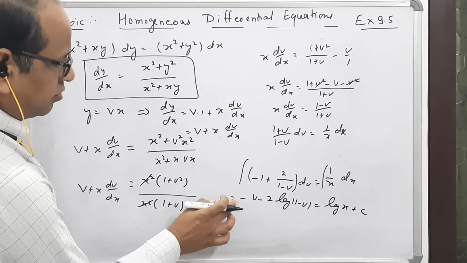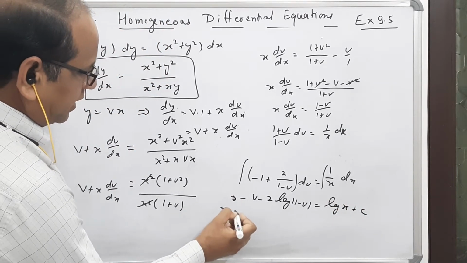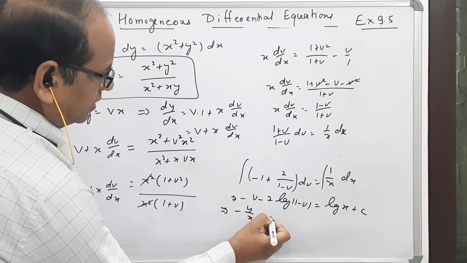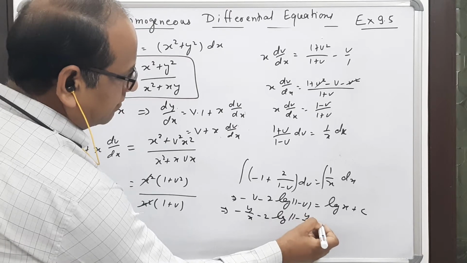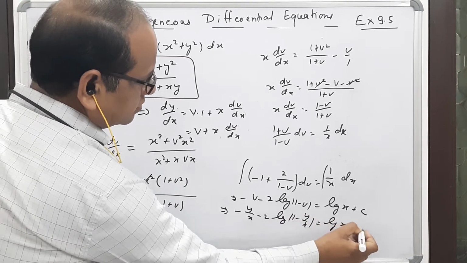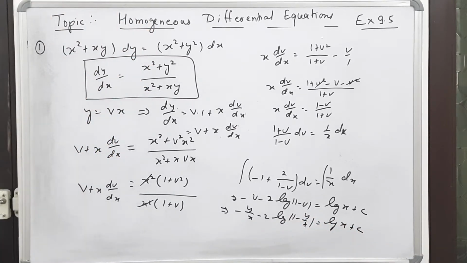And now instead of v, we write minus y by x minus 2 log (1 minus y by x) equals log x plus c. So in this way we can write the answer.